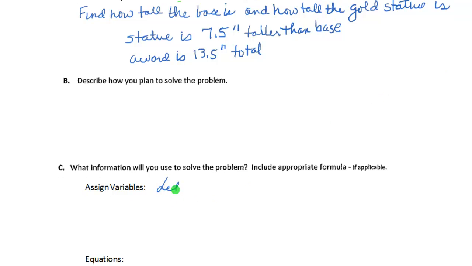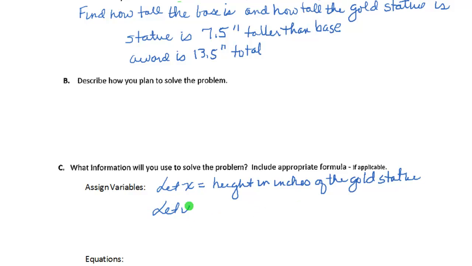So let x be the height in inches of the gold statue part, and let y be the height in inches of the base. And then we need some equations. So what do we know?